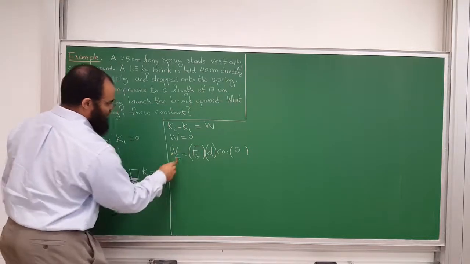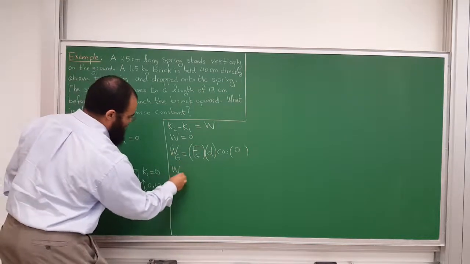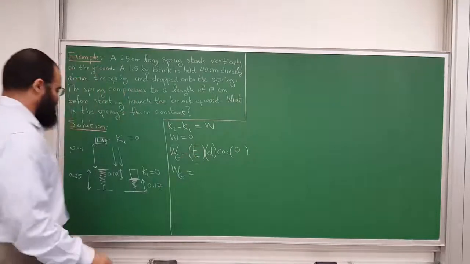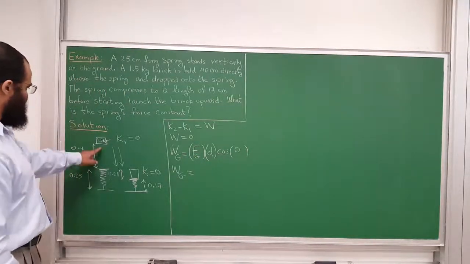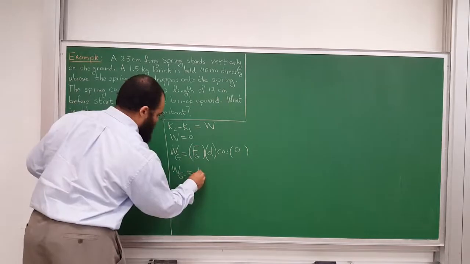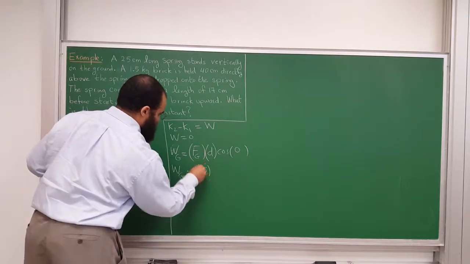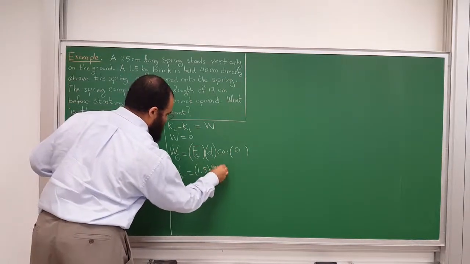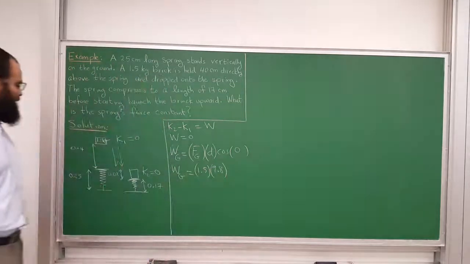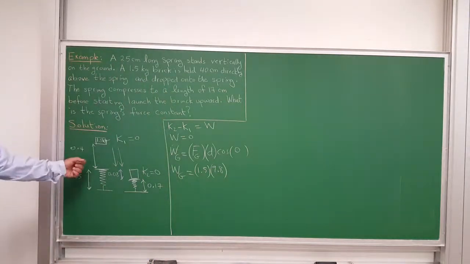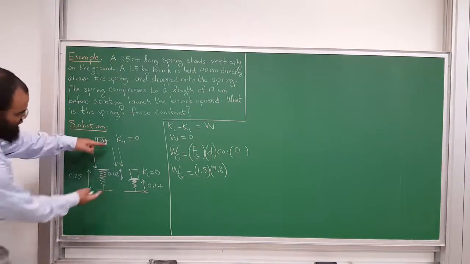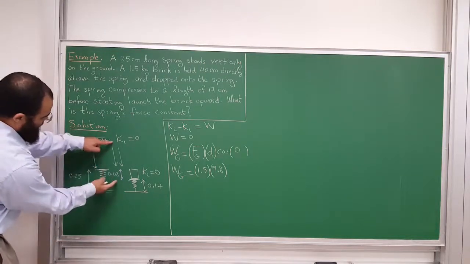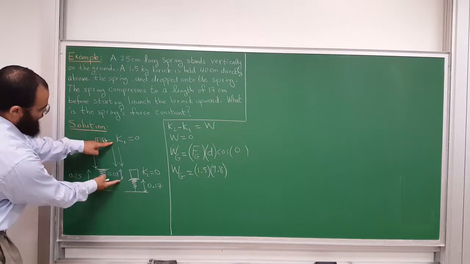So let's calculate, this should say W, the work. The work done by gravity will be the force of gravity, that's mg, mass times gravity. The mass is 1.5 kilograms. G is 9.8. The distance moved: how far did it move? Gravity has been pulling it from the initial position to the final position where it compressed the spring. So all the way from up here to here, gravity has been acting.